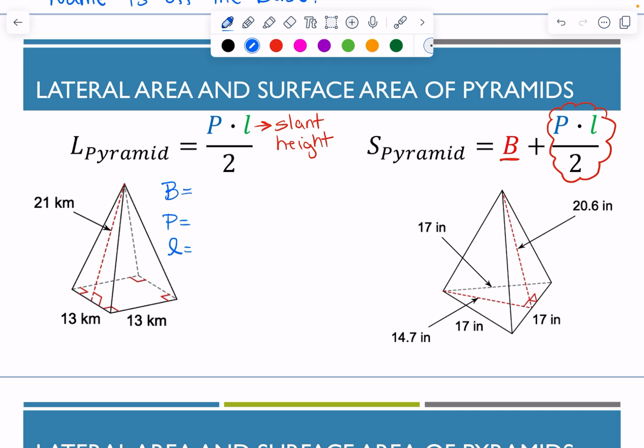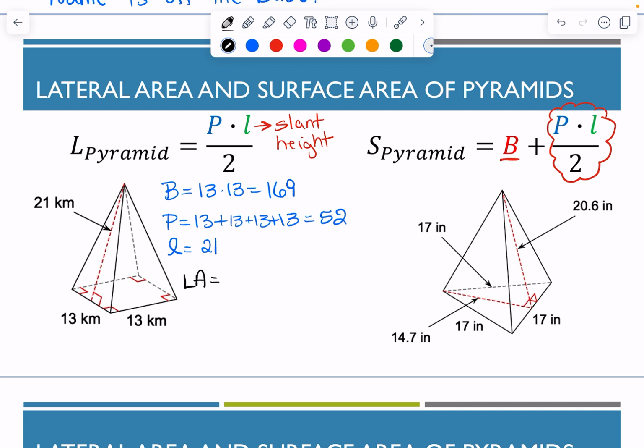So the base here would be the square, so I simply take 13 times 13, and that is 169. Then the perimeter of the base would be 13 plus 13 plus 13 plus 13, which is 52. The slant height here would be 21.